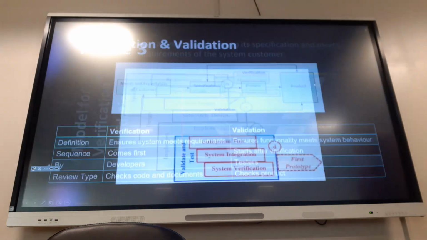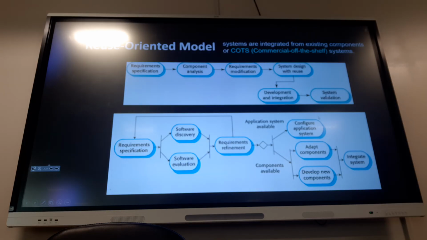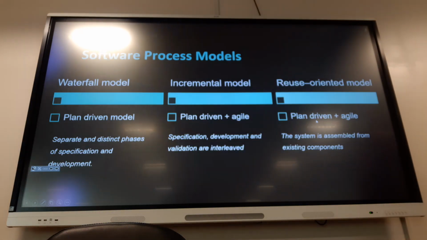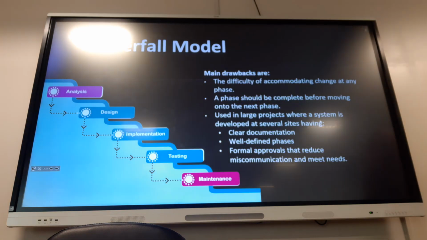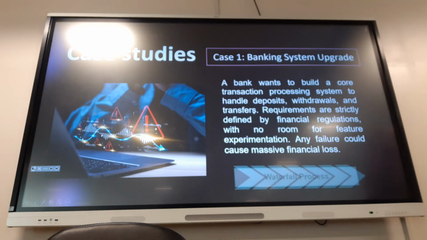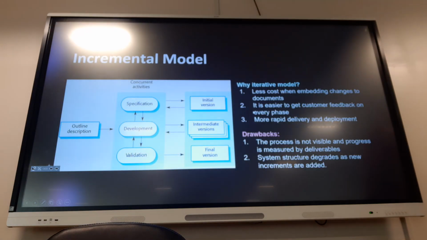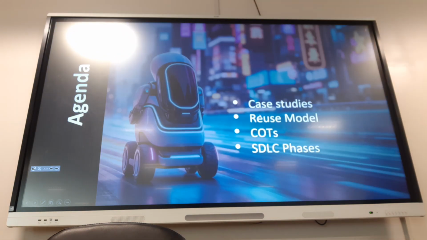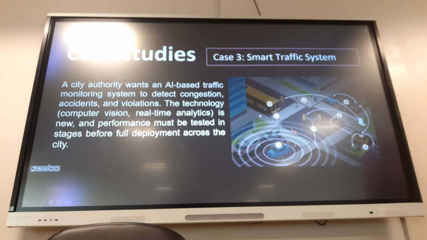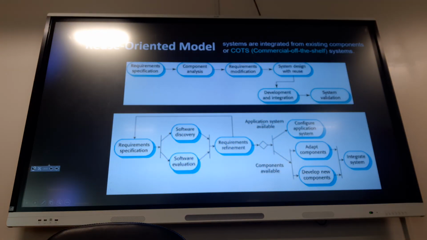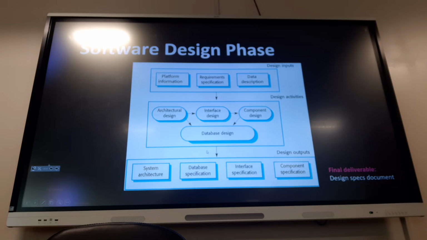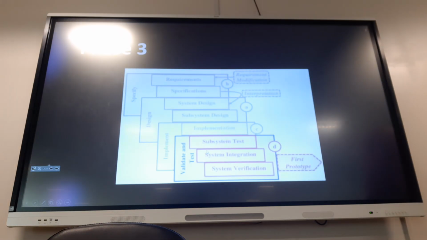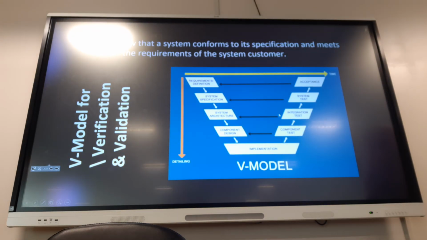So again, a quick review. All right, we started with the waterfall model. Then we covered incremental. Then the reuse-oriented, remember? And we also discussed the V model that works mostly for validation and verification.